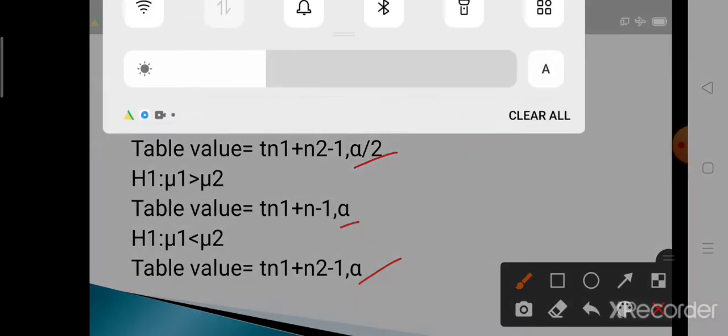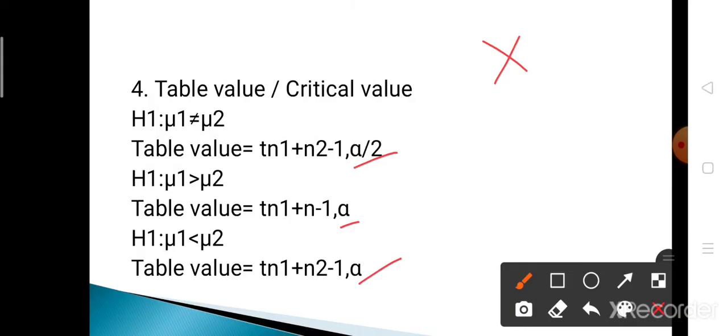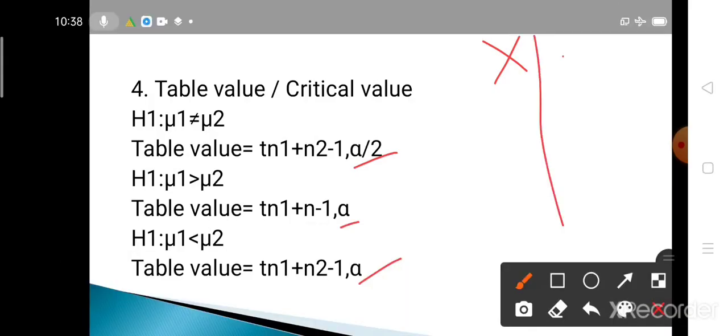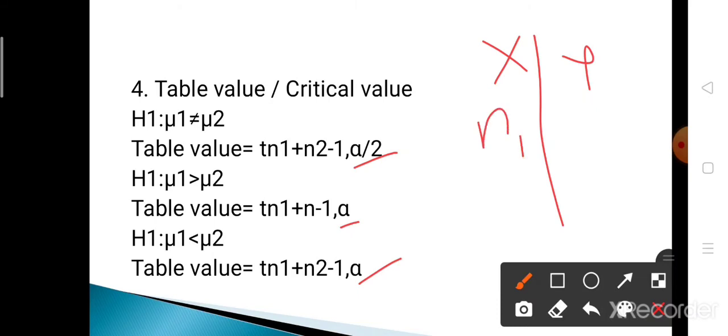Here there are two variables x and y. So n1 be the sample size for the x variable and n2 be the sample size for the y variable. Then what is the degrees of freedom? If there are n observations, then degrees of freedom is n minus 1. Here the observations are n1, so degrees of freedom is n1 minus 1.